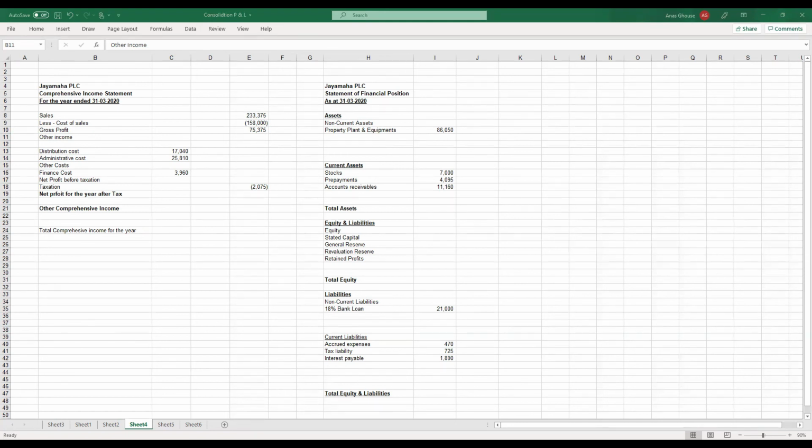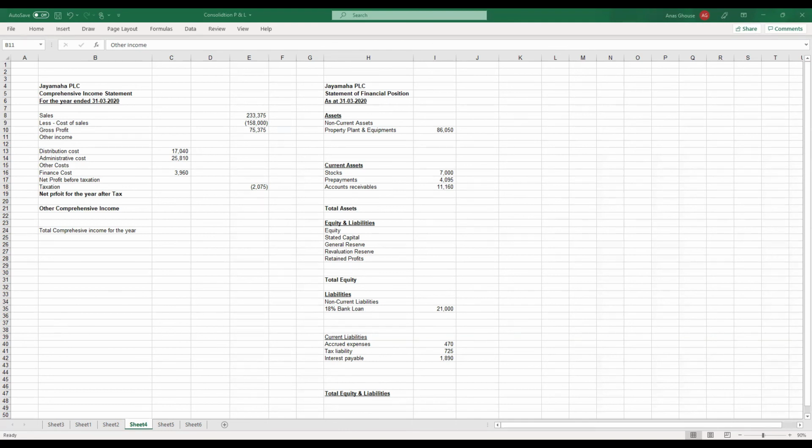Sales, opening stock, purchases, cost of sales we have taken. Land, building, machinery, furniture and fittings, accumulated depreciation, trade receivables and payables, distribution cost we have taken, administrative cost we have taken, other operational cost. So other operational cost is 3,130.